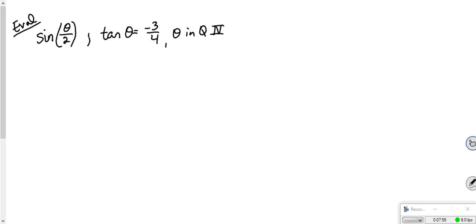So if you remember our half angle formula for sine, we have to know cosine. Okay, so I need to kind of draw a picture here. We're in the 4th quadrant, that's down here. So this would be my theta. And if tangent is negative 3/4, tangent is opposite over adjacent.